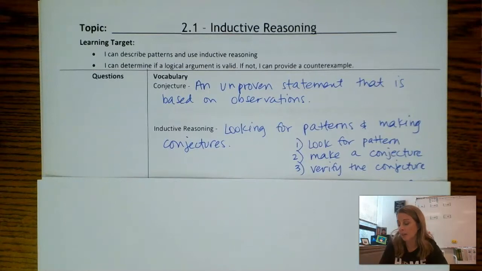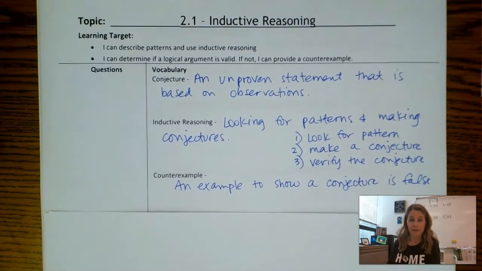So I've got 1, 2, and 3 listed out because that's kind of the order that we logically go through things. So number 1, what we usually do is we look for a pattern, and we're going to do that here as we work some examples. Number 2, we make a conjecture. And then number 3, we verify that conjecture, which could be true, but it may not be true 100% of the time. So that's why it's an unproven statement.